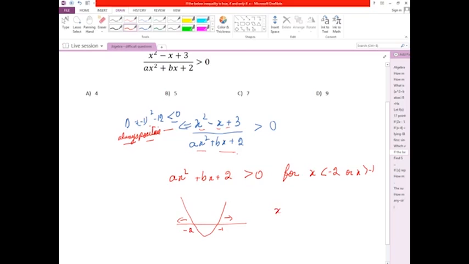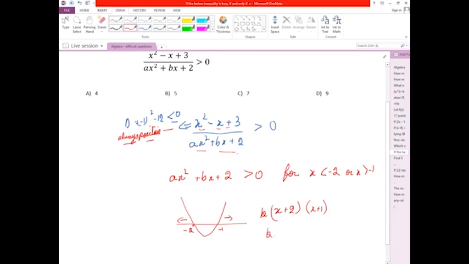And what would such a graph be? Simple. x plus 2 into x plus 1 will have this kind of graph, which will intersect 0 at minus 2 and minus 1, and it will be upward looking. So x plus 2 into x plus 1 can be x square, but you multiply it with any constant and it still remains the same function. So that you need to check.